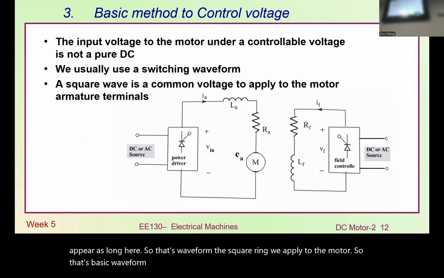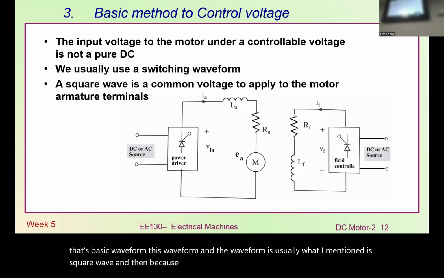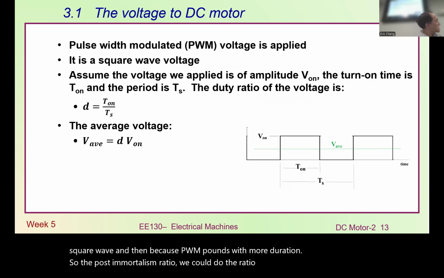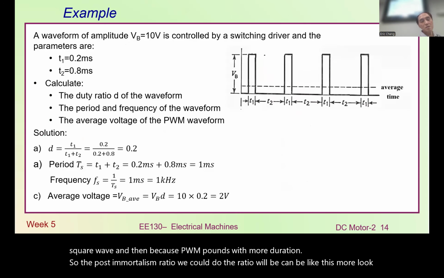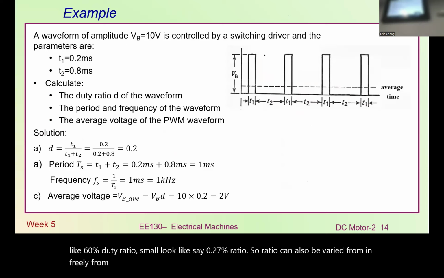This waveform is usually, as I mentioned, a square wave, and you call it PWM, pulse width modulation. The pulse width modulation ratio, we call it duty ratio, can be like this. This more looks like 60% duty ratio. This more looks like say 0.2, 20% duty ratio. So duty ratio can also be varied, in theory, from 0% up to 100%.